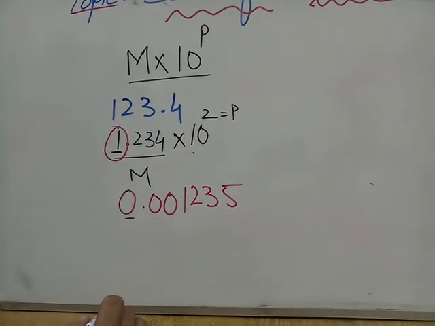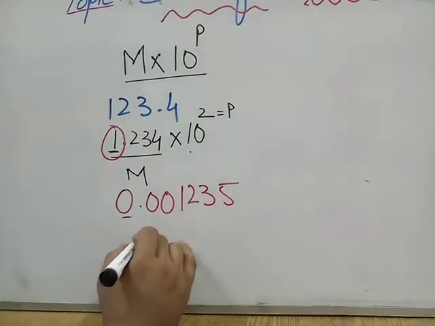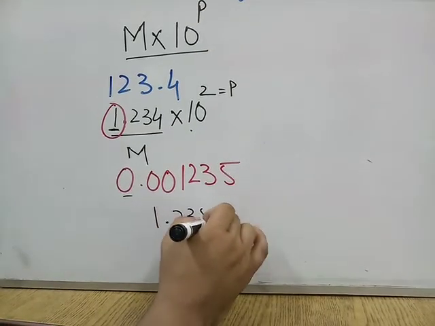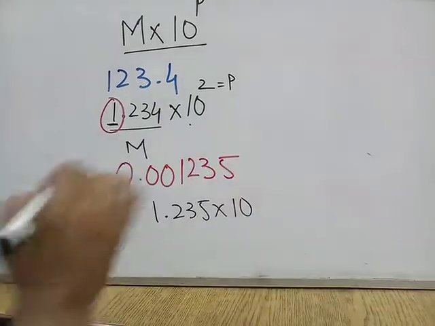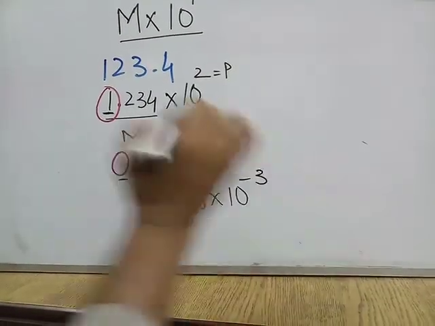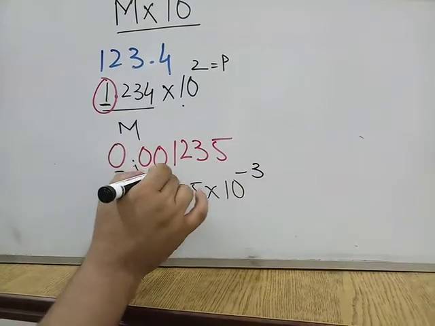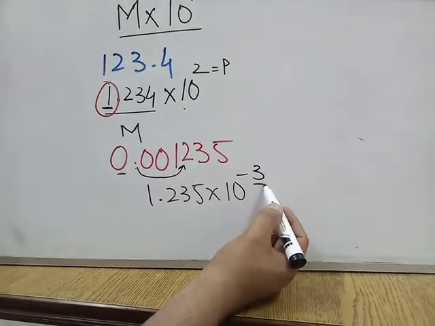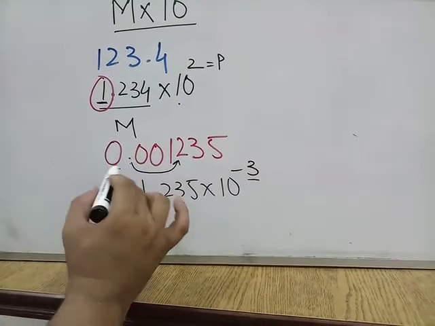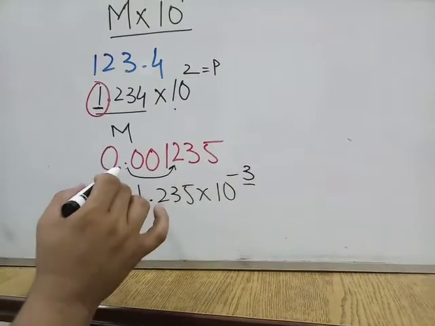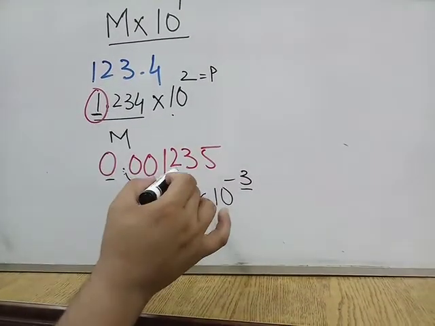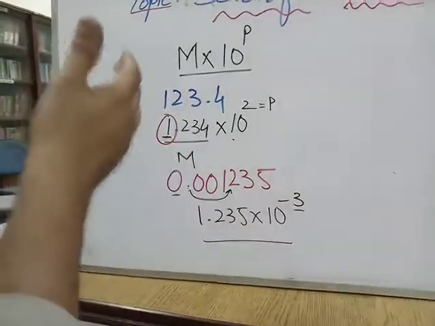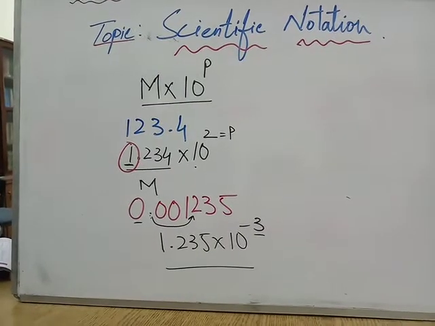So by writing in the standard form, it is 1.2335 into 10 raised to power minus 3. So we can place the decimal at that position. The power minus 3 indicates the position of the decimal when we change it to the new position. So these two are the standard form, or the scientific notation.